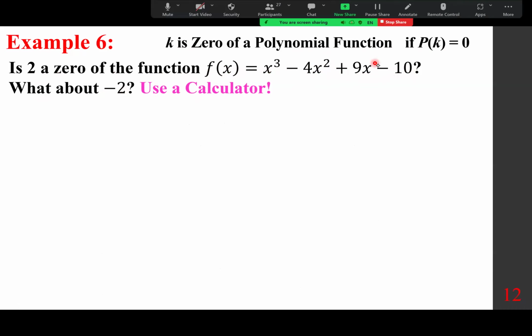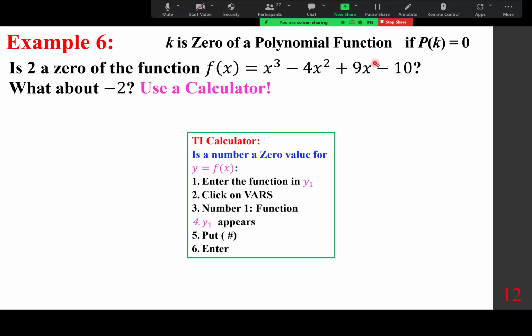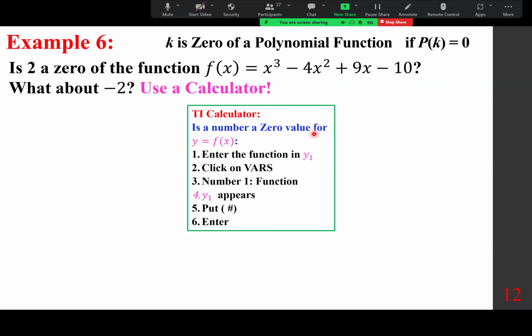This is done. But if you were to do it by a calculator, I just wanted to show you the concept. Is a number a zero value? You use y equals f of x, and you enter the function in y1, in this case x cubed minus 4x squared plus 9x minus 10.